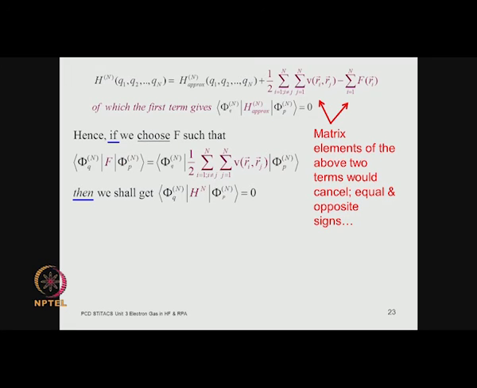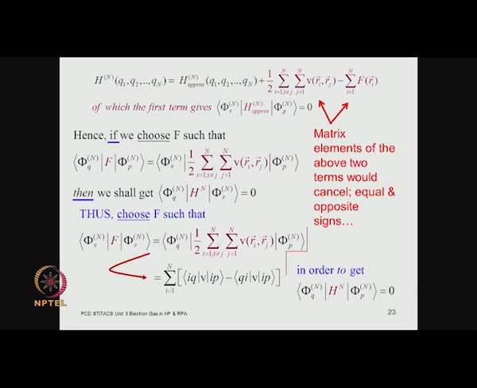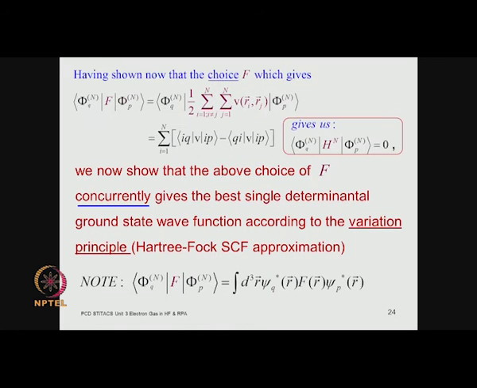So, the two matrix elements will cancel each other because they come with opposite signs, and this would give us the matrix element of the n electron Hamiltonian to vanish between the Slater determinants phi q and phi p.